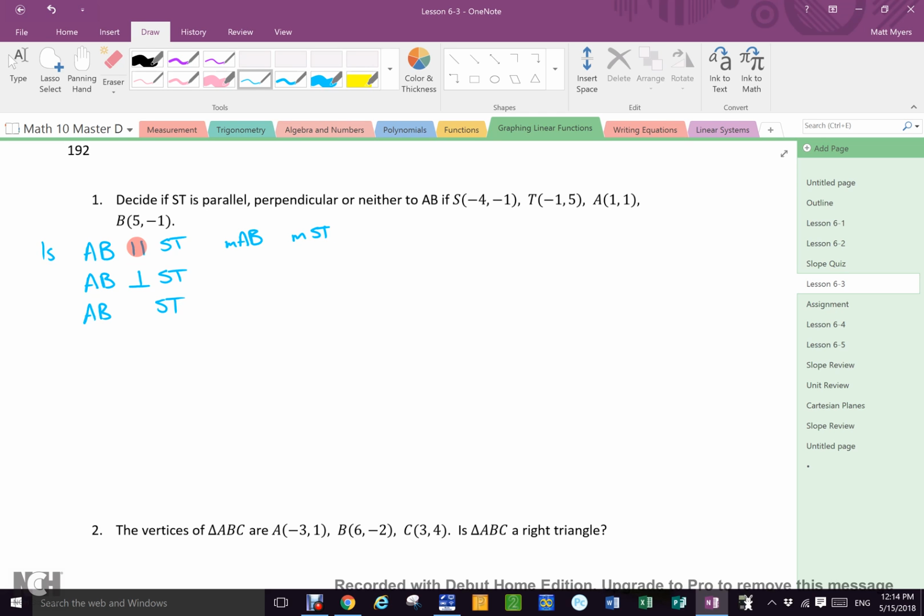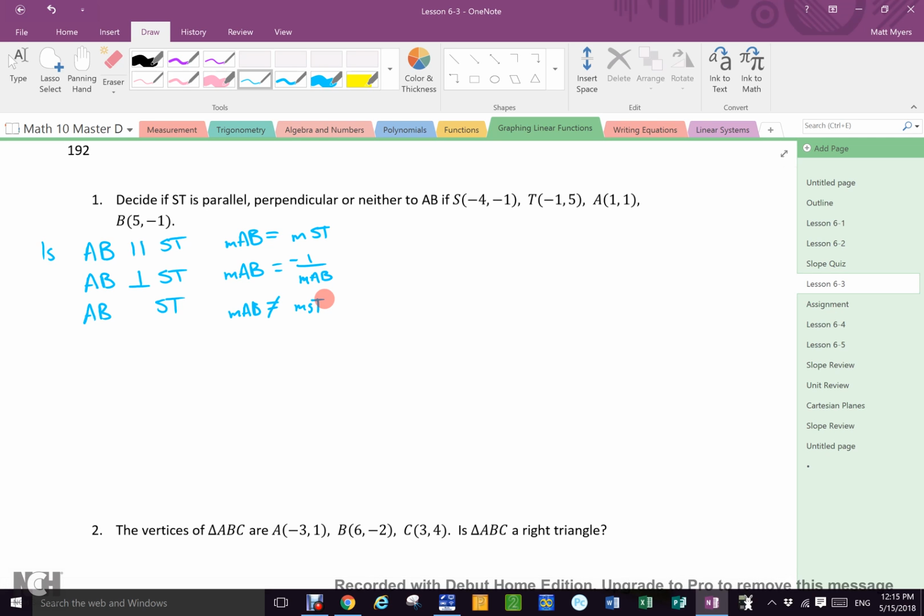So it would be 1 over the M of AB and negative. Agreed? And if they are neither, then the M of AB will have nothing to do with the M of ST. Agreed?